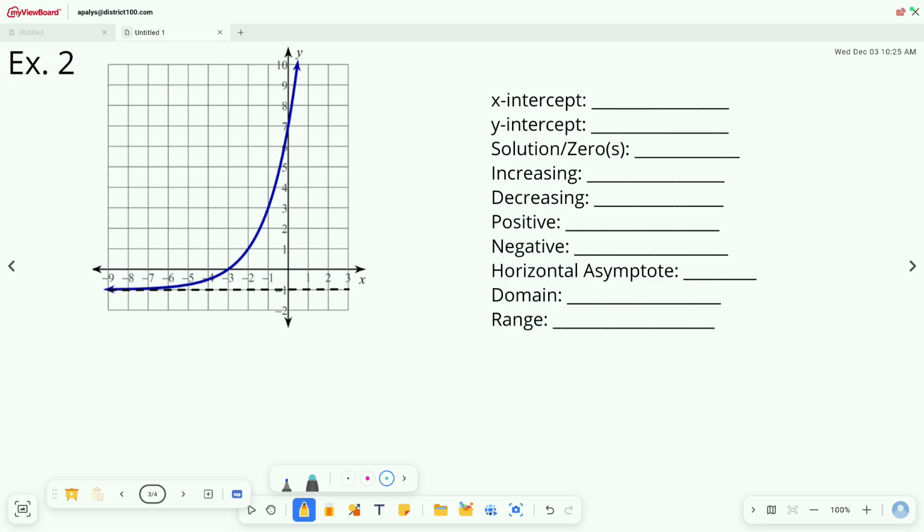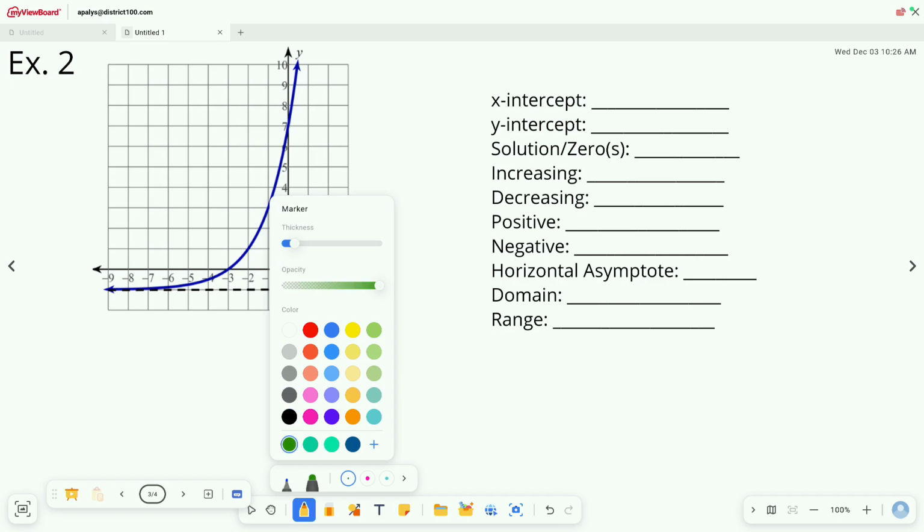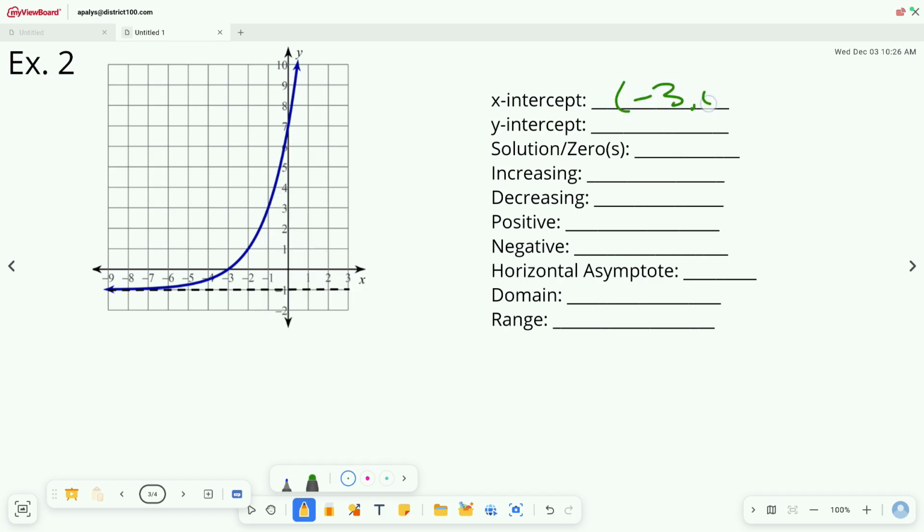So, Eduardo, what did your group get for your x-intercept in solution? -30, right, Eduardo? Because they're the same exact thing.